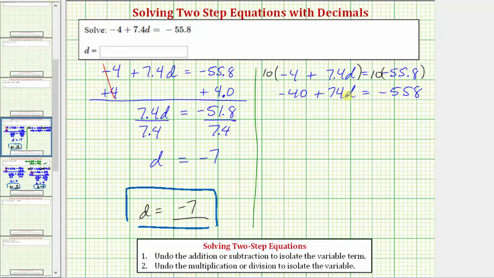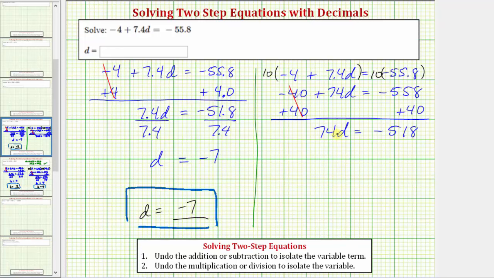So we first isolate the variable term 74d by adding 40 to both sides of the equation. Simplifying, negative 40 plus 40 is 0. So we have 74d equals negative 558 plus 40 is equal to negative 518.